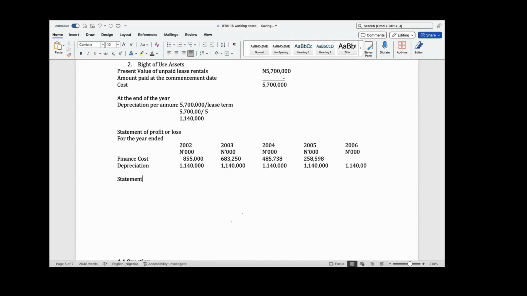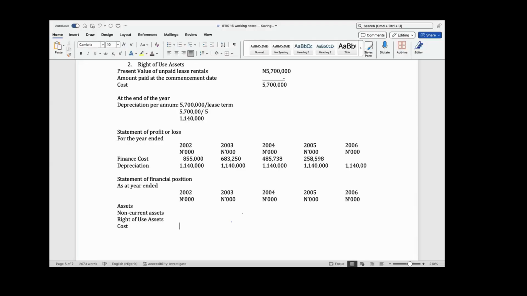In my statement of financial position as at year ended 2002, 2003, 2004, 2005, 2006, under my assets, I have my non-current assets, then my right of use assets.